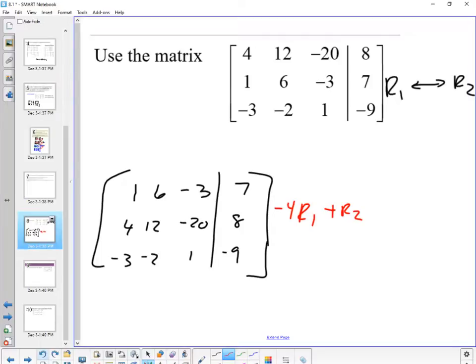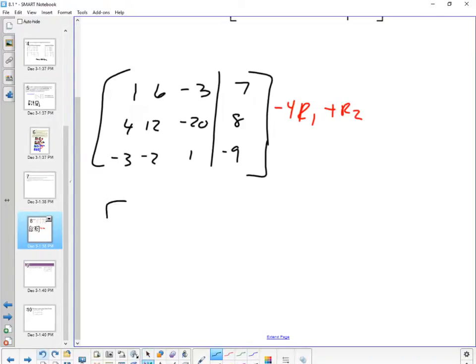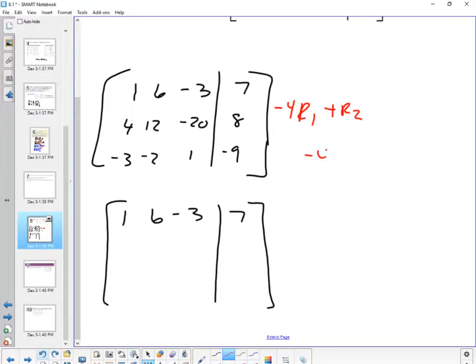Okay, so let me put these side by side. Is my first row changing? No. 1, 6, -3, 7. Now, my middle row is changing, so let's see how. Here's the values. -4 times 1 is -4. Then I've got -24. Then I've got 12.